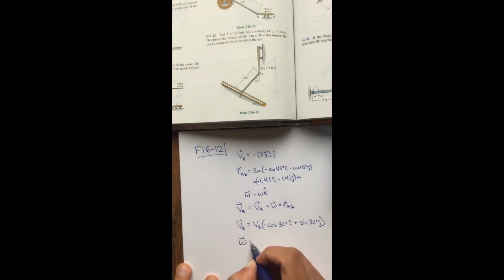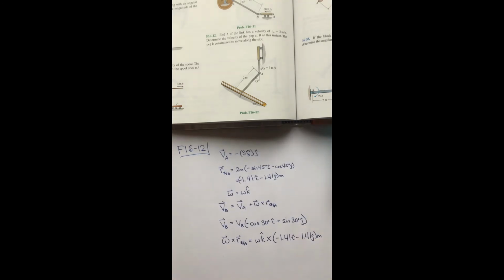So the angular velocity, in the k hat direction, crossed with the position of B with respect to A, that's negative 1.41 i hat minus 1.41 j hat, and the units there are meters.